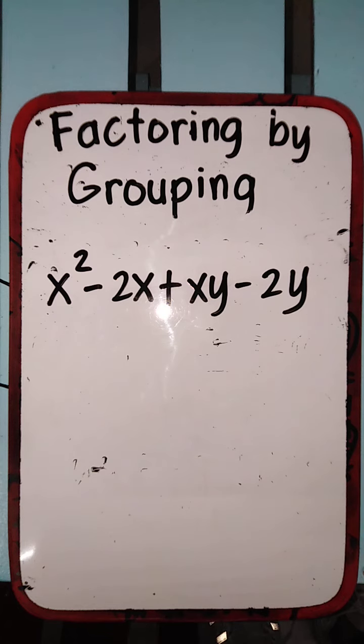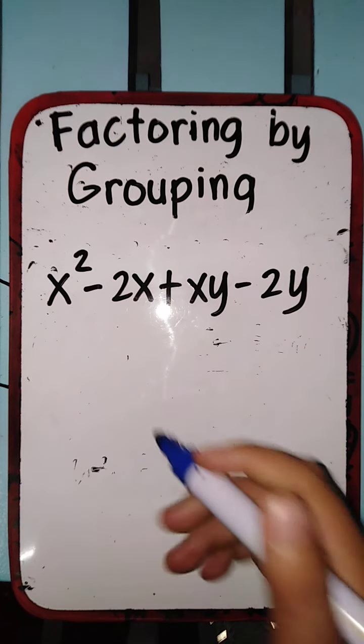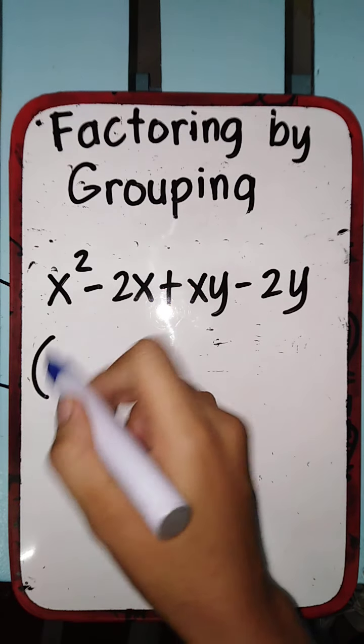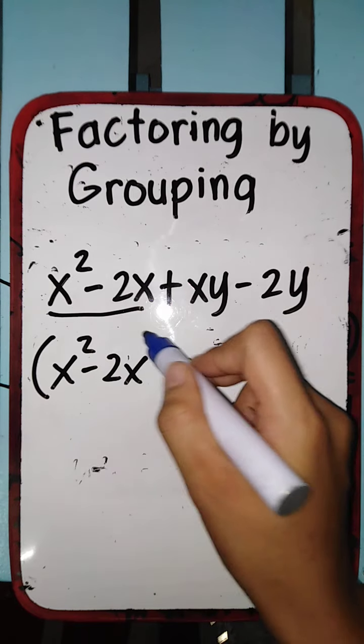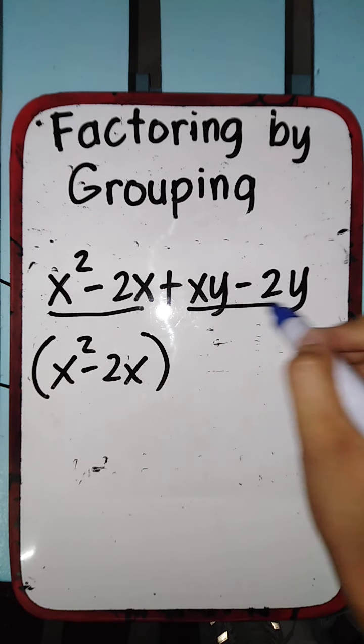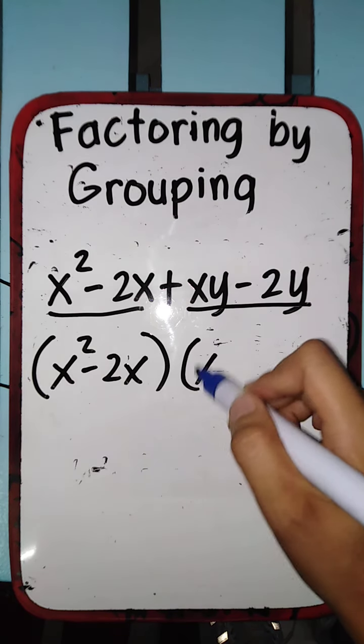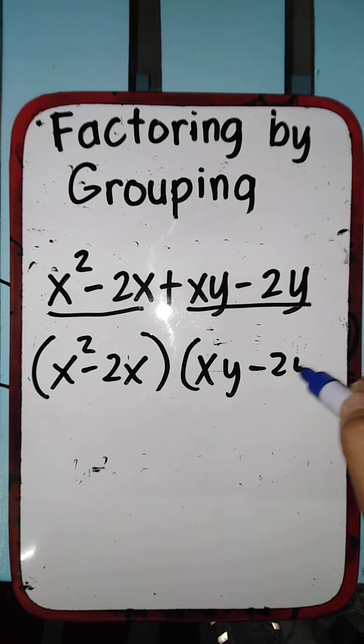Our next example, we have x squared minus 2x plus xy minus 2y. Again, we are going to group this. Our first group is x squared minus 2x, and our second group is xy minus 2y.